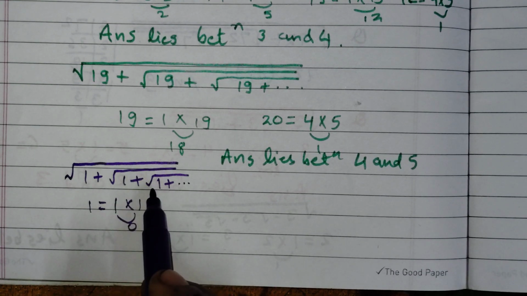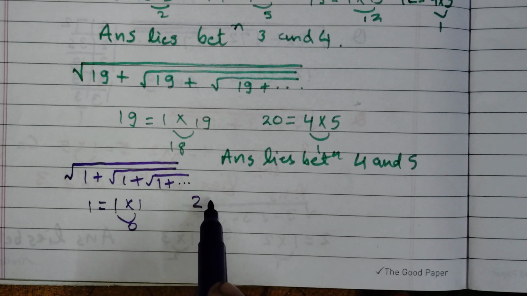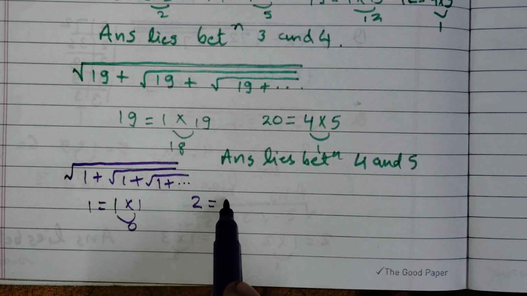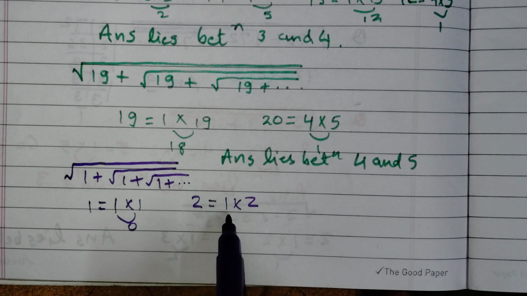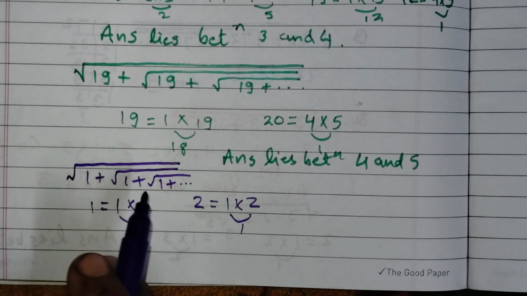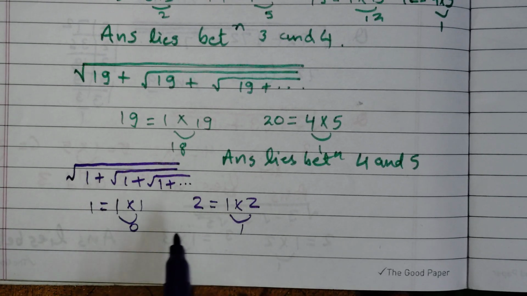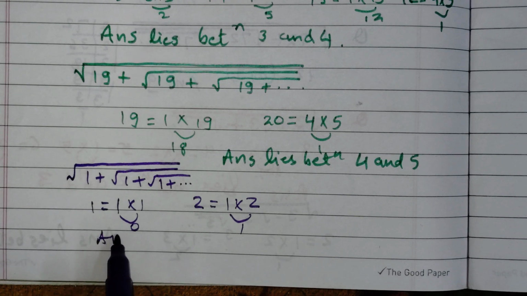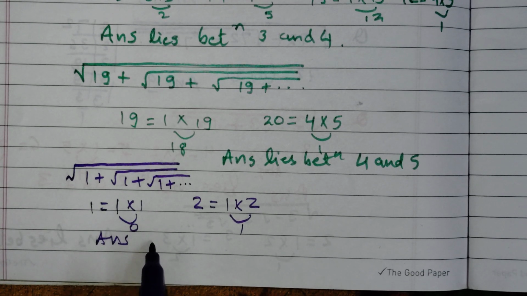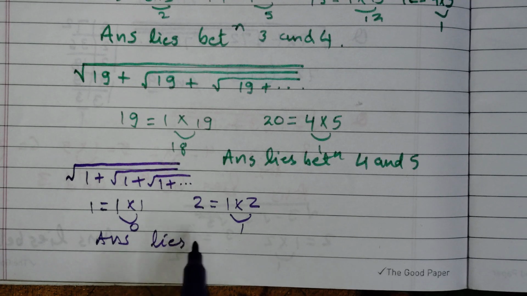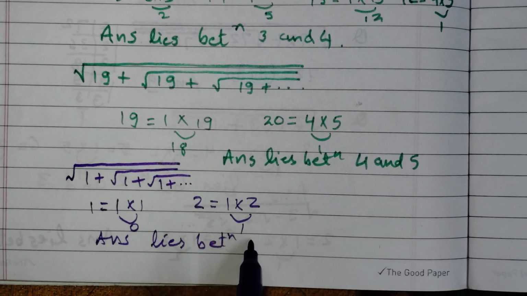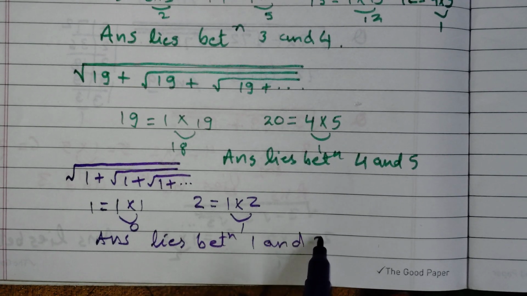Then, because there is a positive sign, we take the next number, 2. Its factors are 1 and 2, and its difference is 1. So the answer of this question lies between 1 and 2, because the difference is 1.